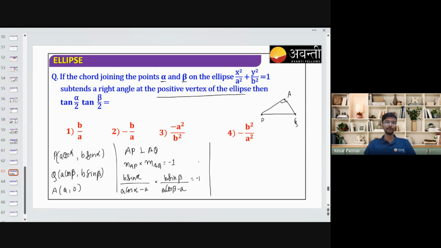Now, please see, from numerator we'll get B square sin alpha sin beta. In the denominator I can take A common from both of them. So I'll get A square into cos alpha minus 1 into cos beta minus 1 equals -1. We want to get tan alpha by 2 and tan beta by 2.